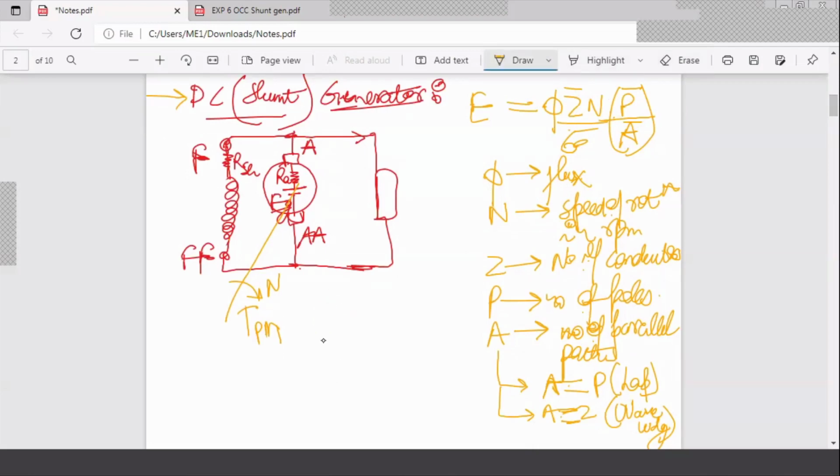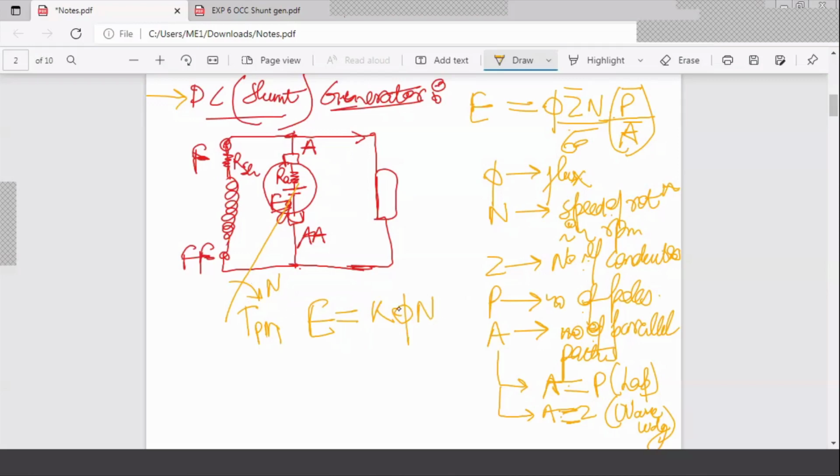The induced EMF E can be written as a constant K multiplied by, what are the other things? Flux multiplied by the speed. Speed is the speed of the prime mover, the speed with which your prime mover is rotating.